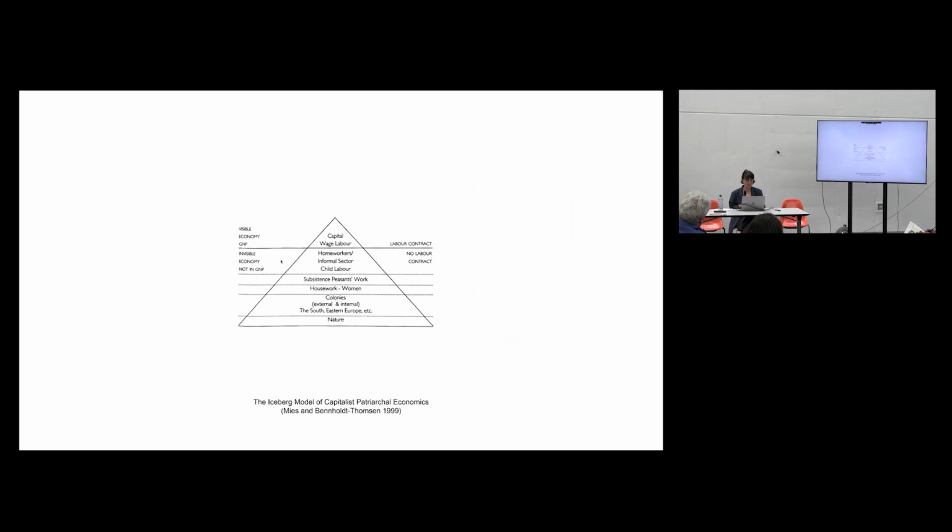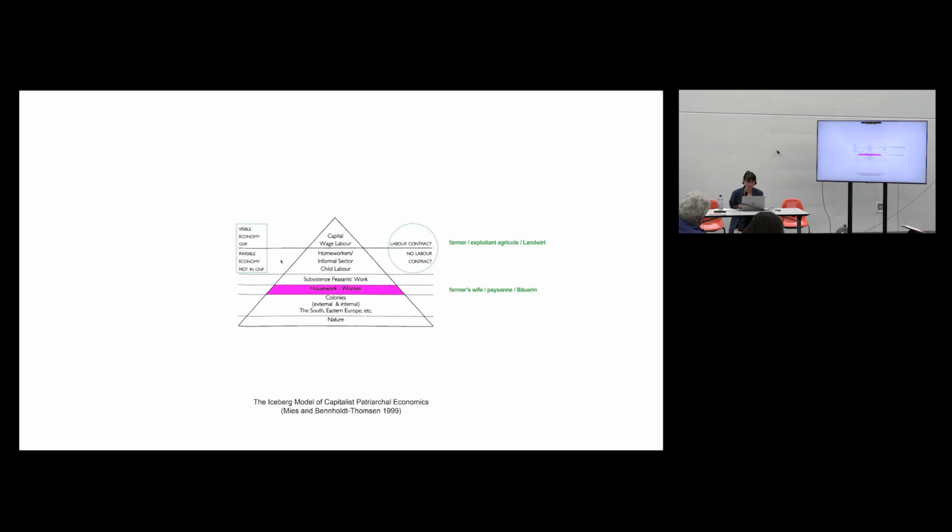I want to continue with this graph, where the different terms that we just discussed, the peasantry, the household, and subsistence, relate. In this case, they are organized around a line of visibility, which is the labor contract. It's called the iceberg model. On the top, we have the visible work, which is wage labor. And below, we have a big chunk of work that is actually done but that we don't see.